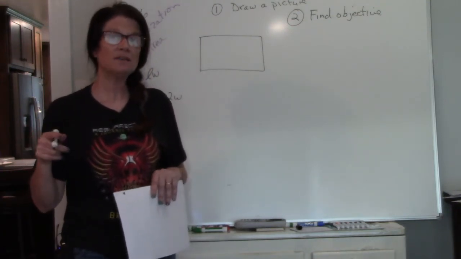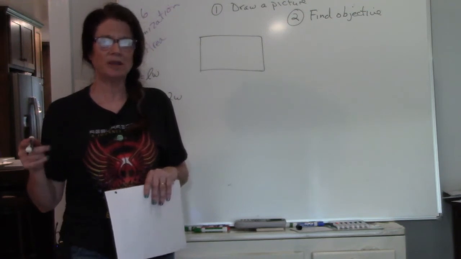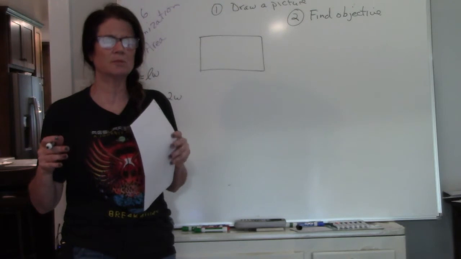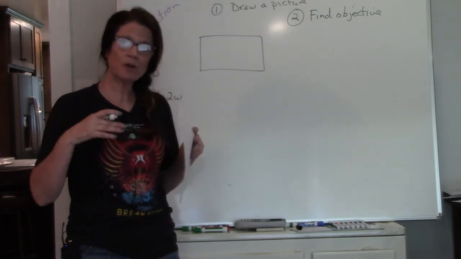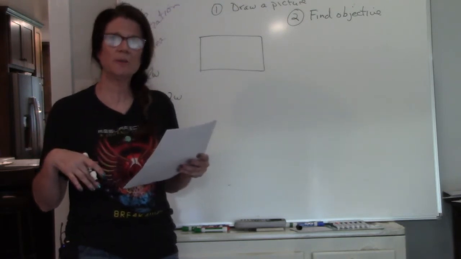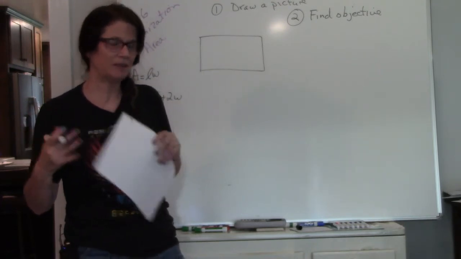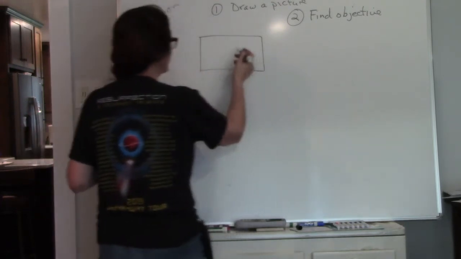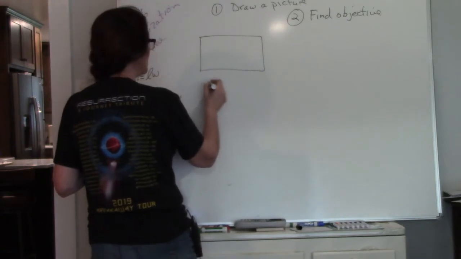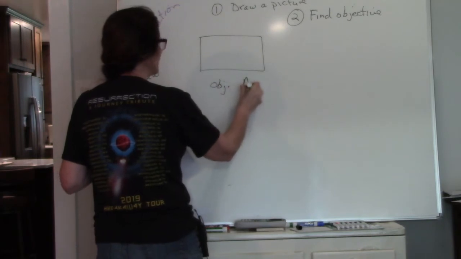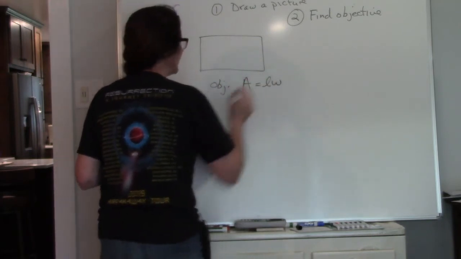So our objective is maximum area. All right, that's our objective. We want to find the maximum area. Now, there's a second part to it because we're also looking for the dimensions. But once we find the maximum area, we're going to be able to find the dimensions fairly easily. So with this one, the objective is area equals length times width.